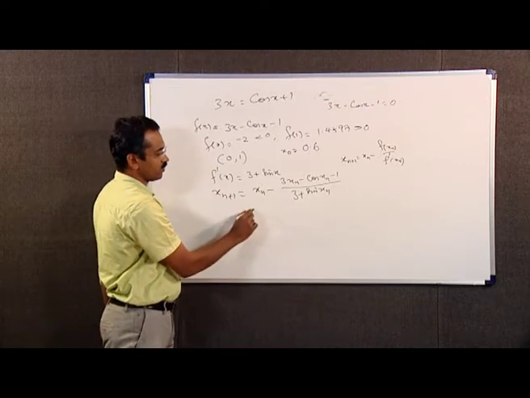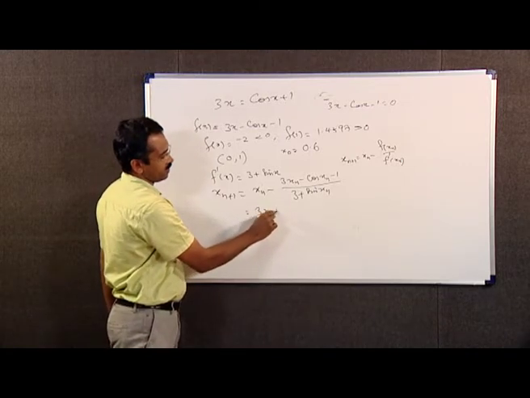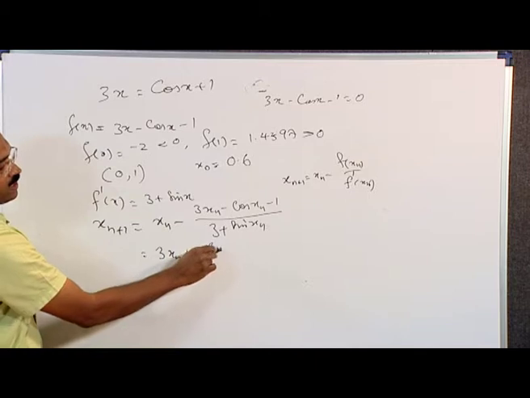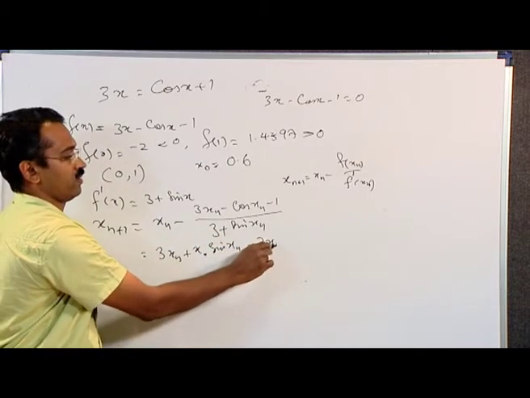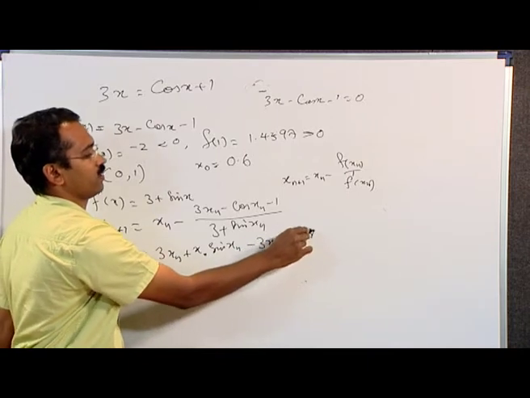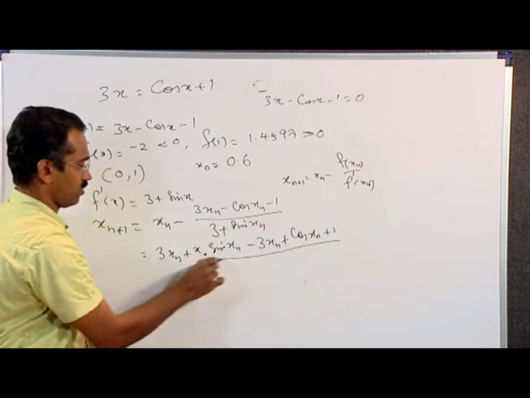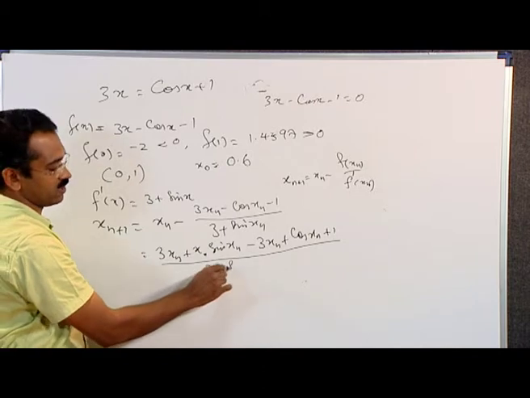This is equal to 3 x n plus x n sin x n minus 3 x n plus cos x n plus 1, all divided by 3 plus sin x n.